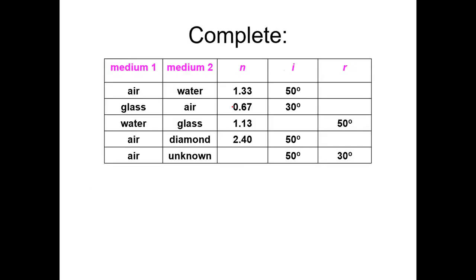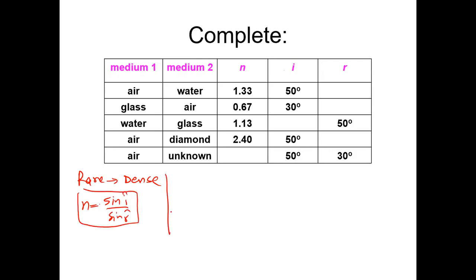Okay, again, what you have to do is calculate this, and remember, when light goes from rare to dense medium, you use the formula n equals sine i by sine r.